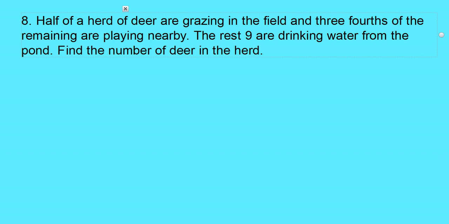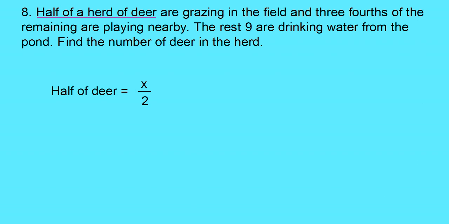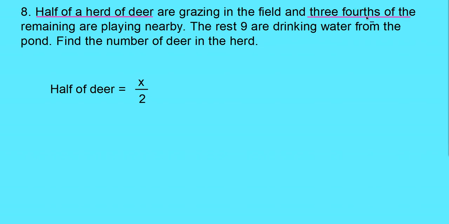Let the number of deer in the herd be x. Then look at the question. Half of a herd of deer means, if the number of deer is x, then half of it is x by 2. Now look at the next case. 3/4 of the remaining.